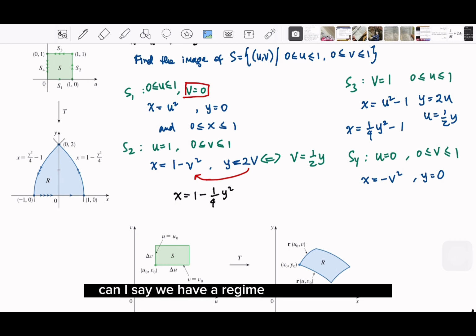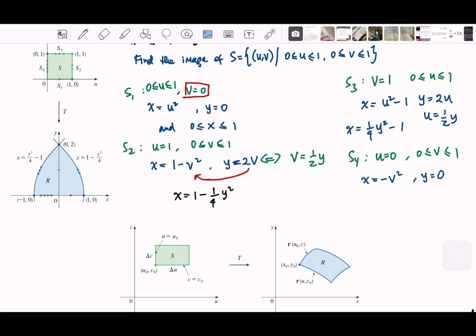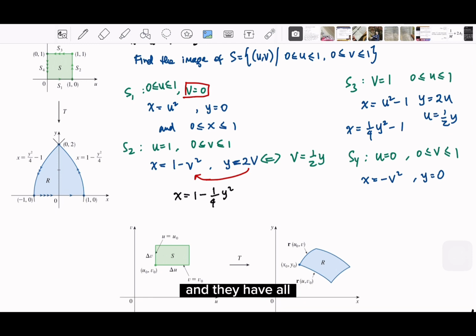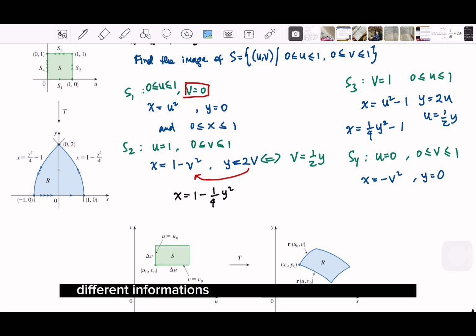Okay, let's say we have a region S in a UV plane. This is the same depiction as before, and then we have the XY plane that has R. Then they have all given information: the vector positions.